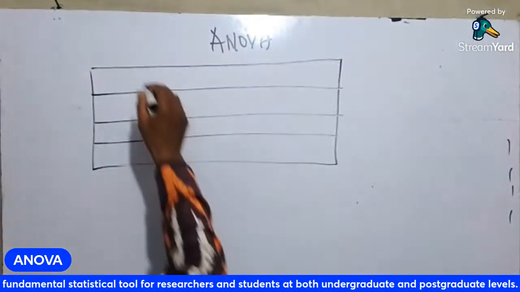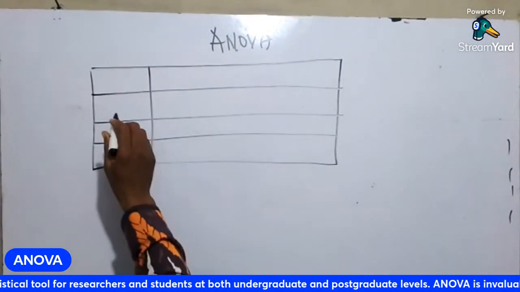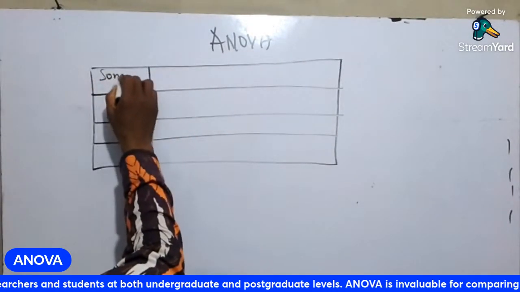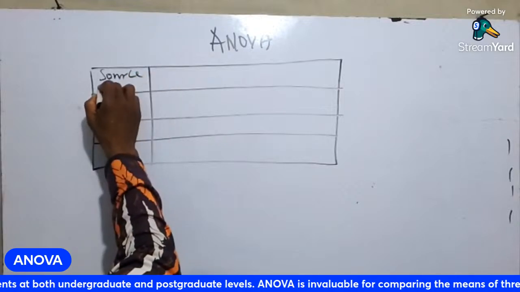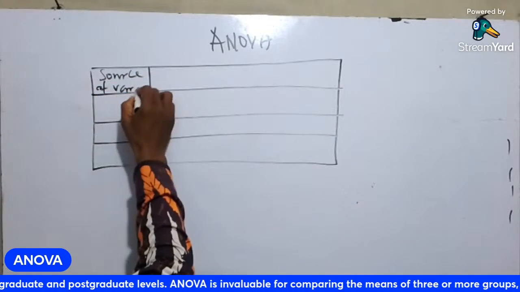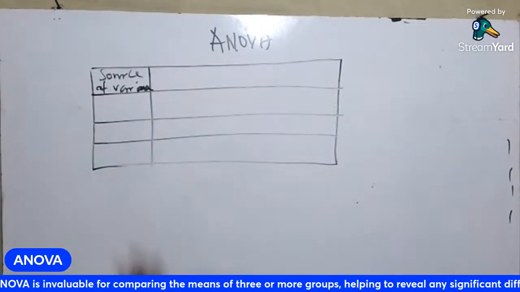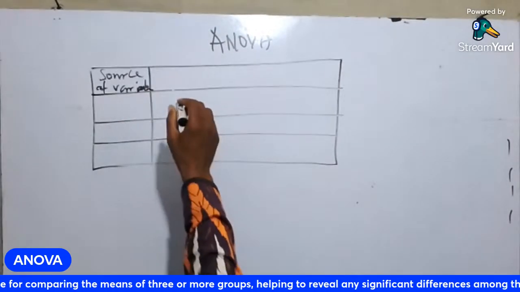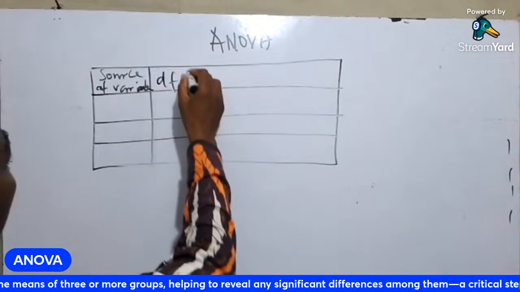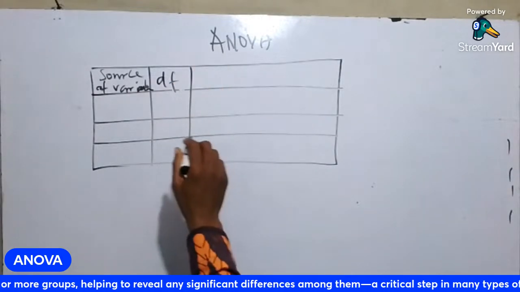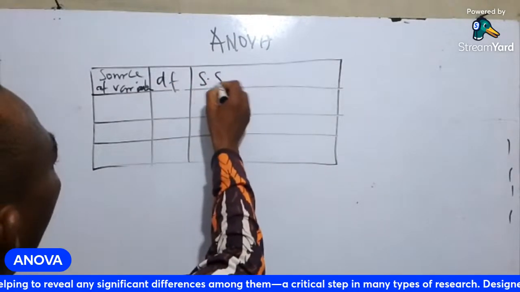Here you talk about the source of variation, then the degree of freedom. Then you move away from degree of freedom, talk about SS.